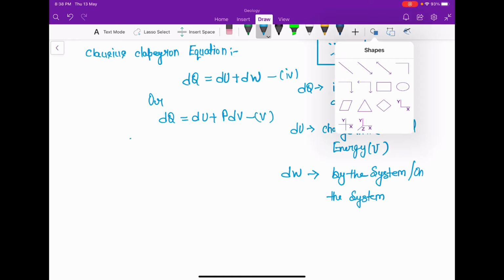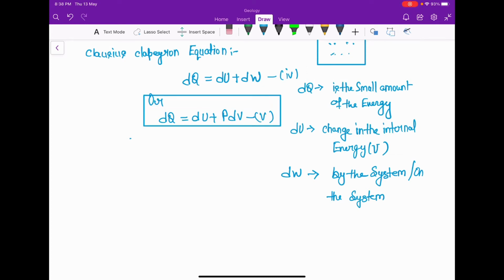Now next is the second law of thermodynamics, which is the relation between heat supply and entropy. So dq equals T ds. This is your second law of thermodynamics.